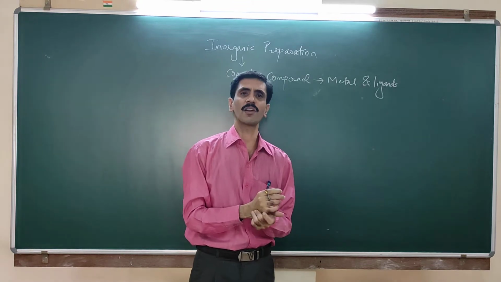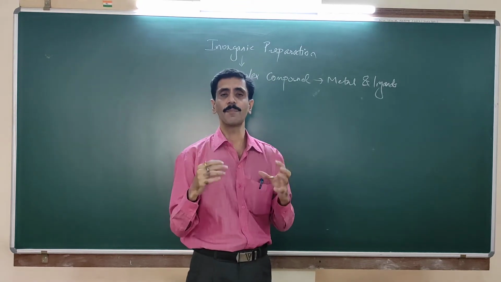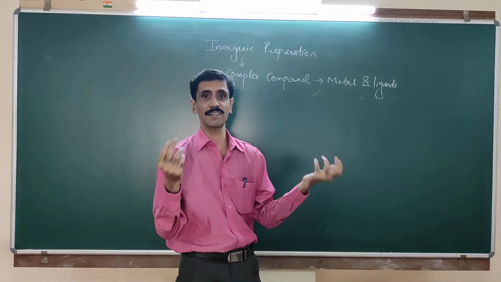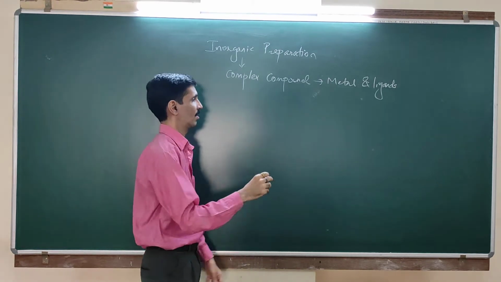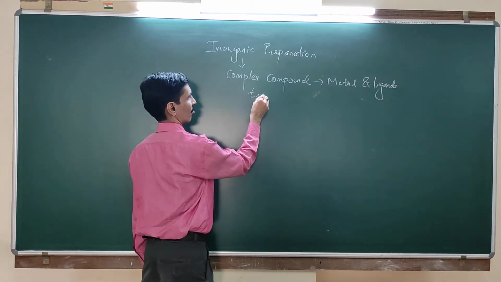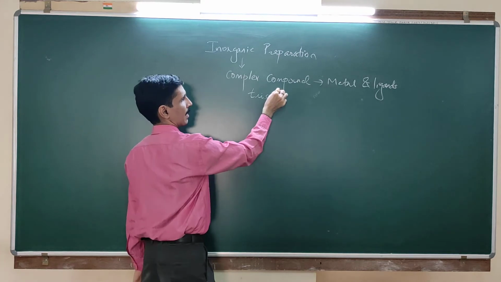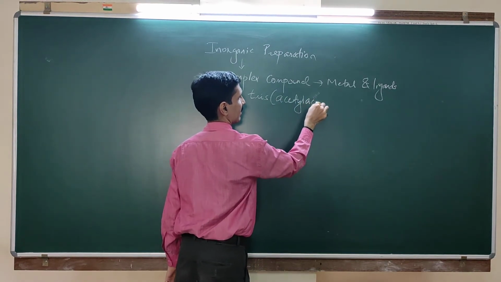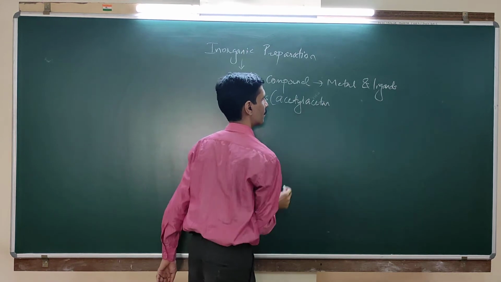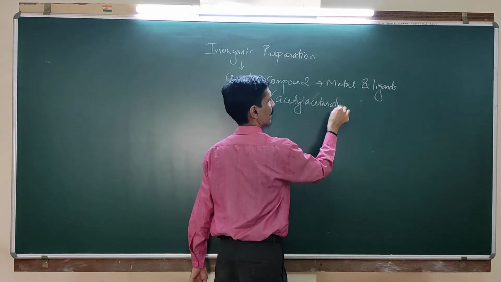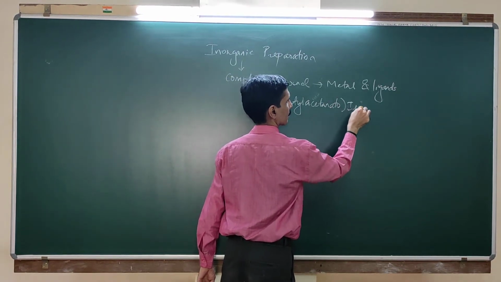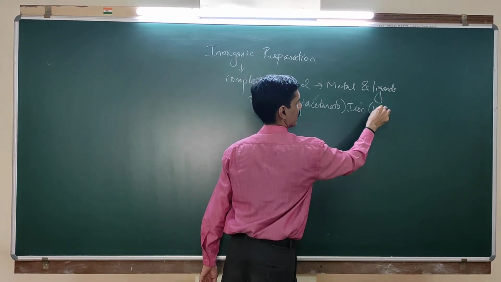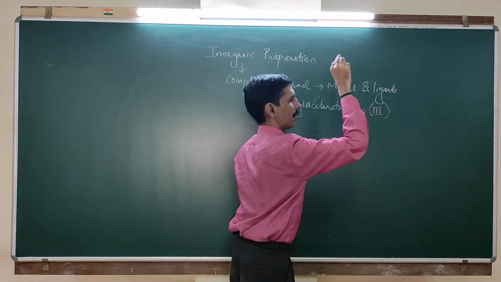Now, in this particular session, the complex compound that we are going to synthesize is Tris-acetylacetonato iron, and the charge on the ion is +3.